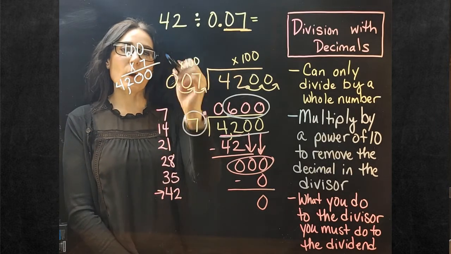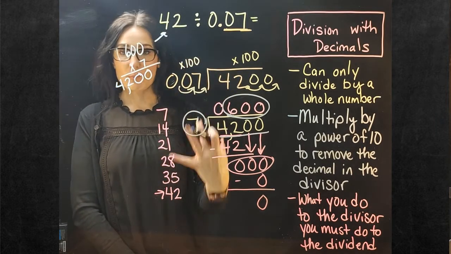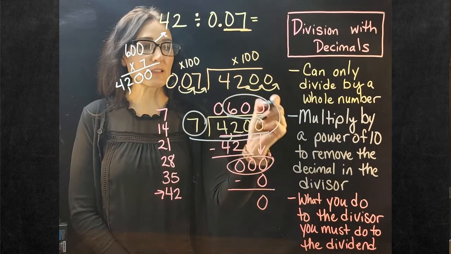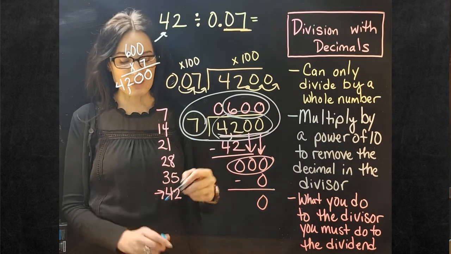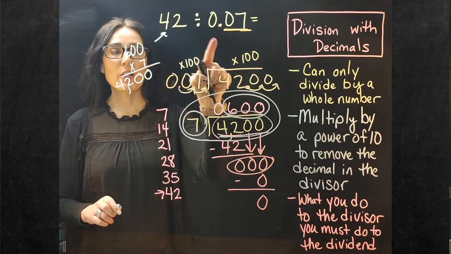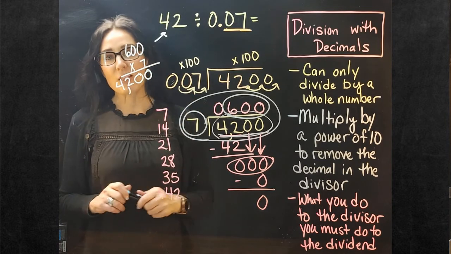Now you may ask, why didn't we get 42? Well, that's because we had removed our decimals, so this is the number we're using. So we would want to make sure we got 4,200. Since we had already multiplied both numbers by 100, this is the number we're using.